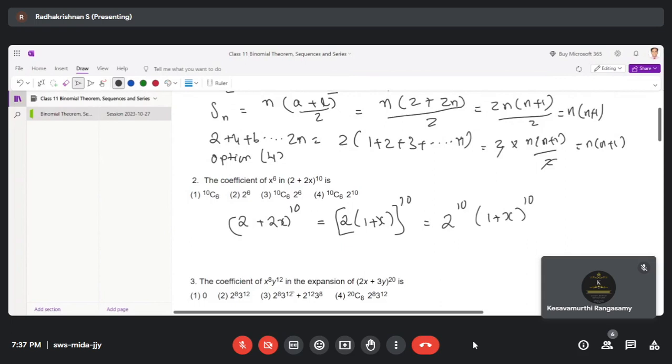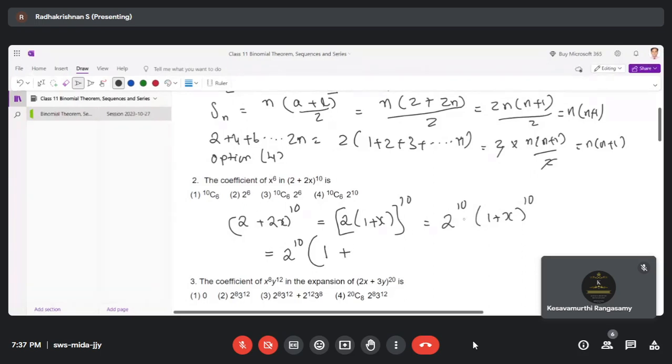We know the formula for (1 plus x) whole to the power of n, which is (a plus b) whole to the power of n. So you can apply the binomial formula.